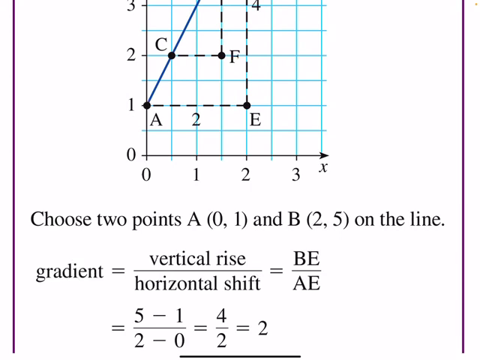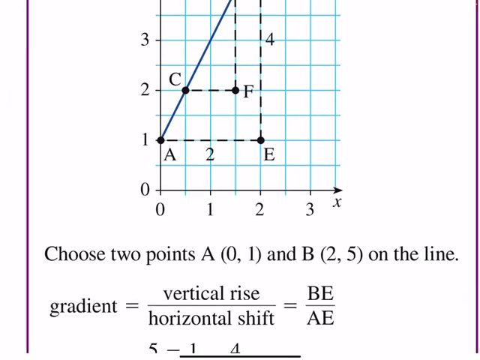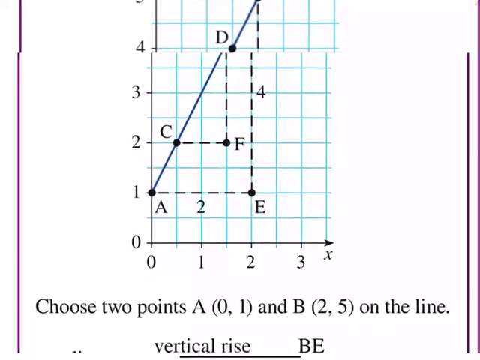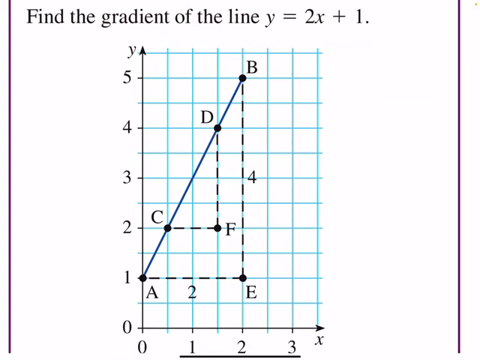That is correct. You can say vertical rise divided by horizontal shift. You can say that as well. Afterwards, we will get coordinates. So, from C to D, what is the vertical rise?